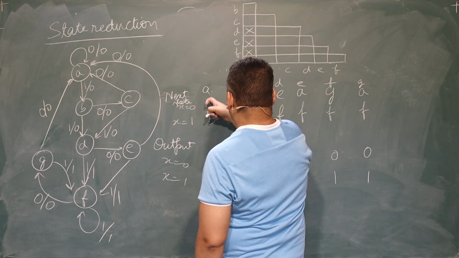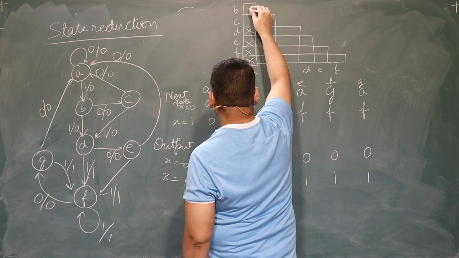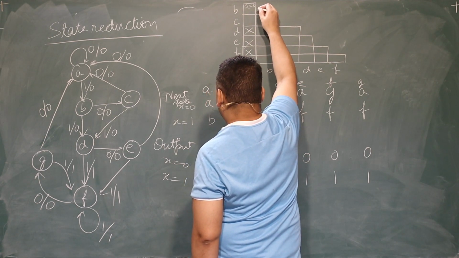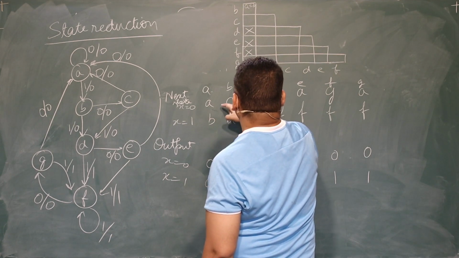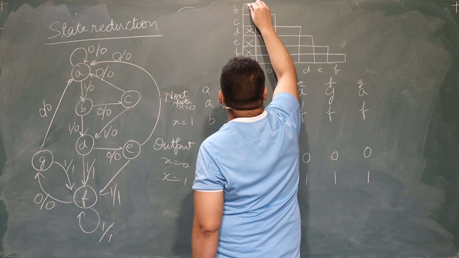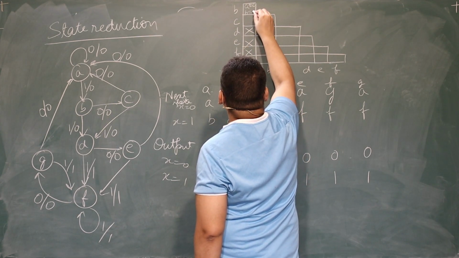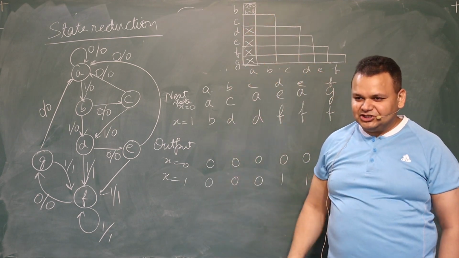So for A and B to be equivalent, we need two conditions. Sorry, not A and B: A and C should be equivalent, and B and D should be equivalent. These are the two conditions based on which A and B can be equivalent to each other.